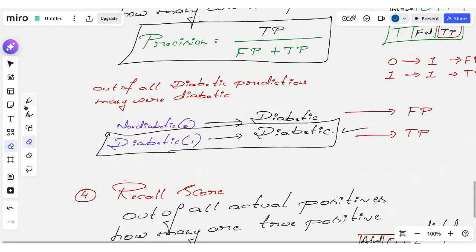P for predictions. Out of all the diabetic predictions made by the model, how many were already diabetic patients? Understood now?